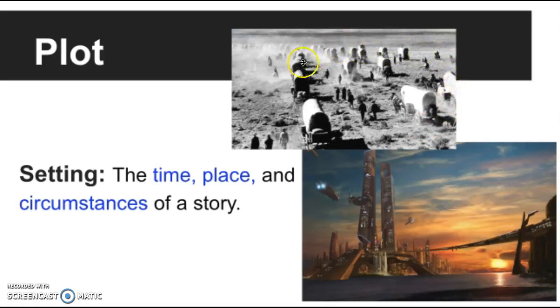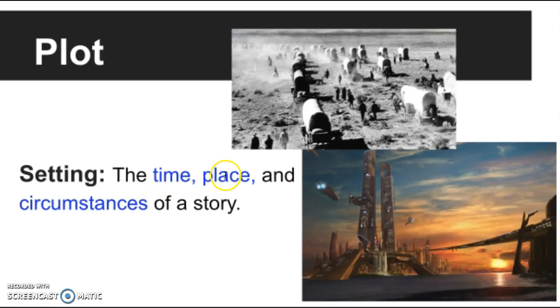You might have a wagon wheel that falls off. You might have sickness. You might have a lack of food or something like that. In a setting like this, you might have interplanetary war. You would have your spaceship breaking down. So the conflicts really are driven a lot by the setting.